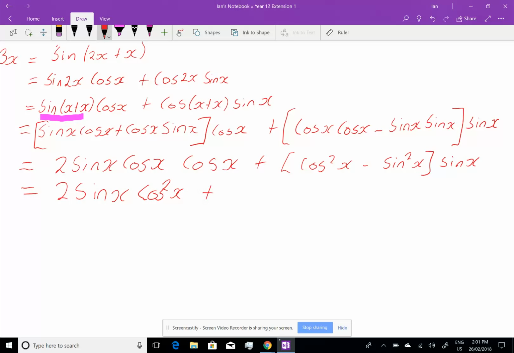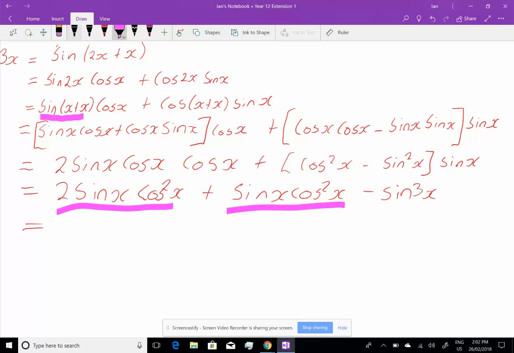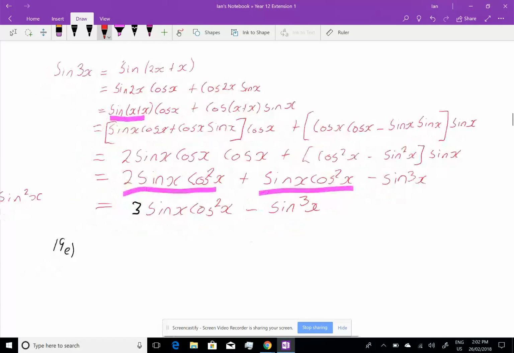Plus, now when I expand these brackets, I'm going to get cos squared x minus sine squared x, multiplied by sine x, so a sine x cos squared x, and here I'm going to get a sine cubed x. Well, those are like terms, so I'm going to get 2 plus 1, so 3 sine x cos squared x minus sine cubed x. Now that's a lot of work, and they're not going to ask you that.